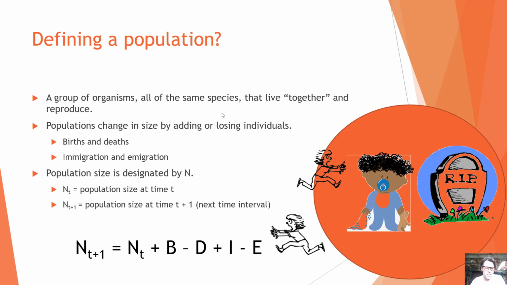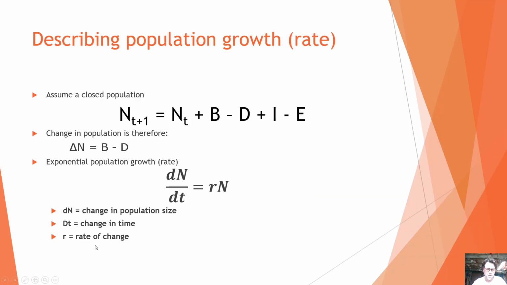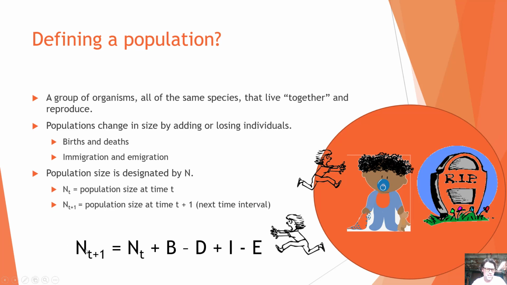And so we can look at this simply in this way, where the population at the next time interval, so next year, would be this year's population. Let me start over. The population next year would be equal to the population this year plus births minus deaths plus immigration minus emigration, right?